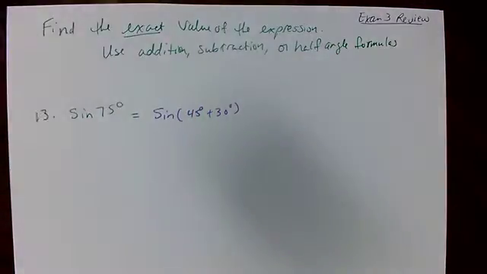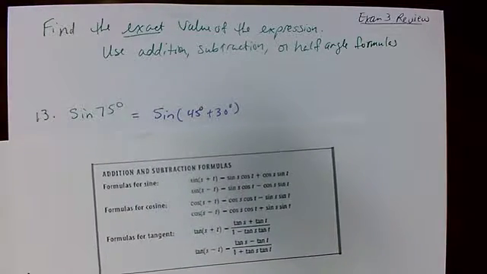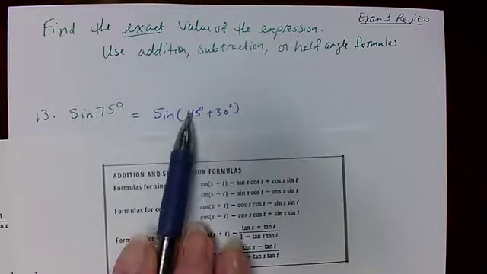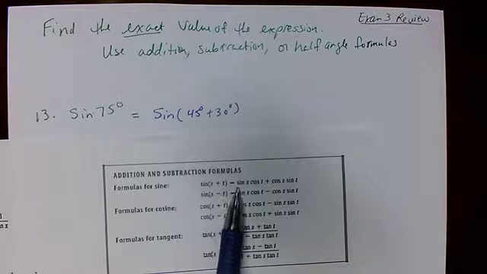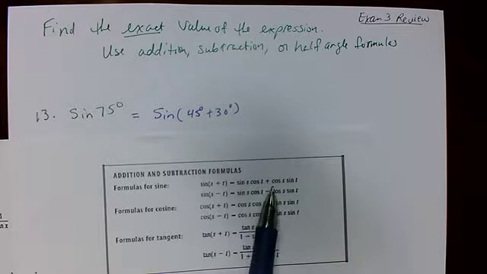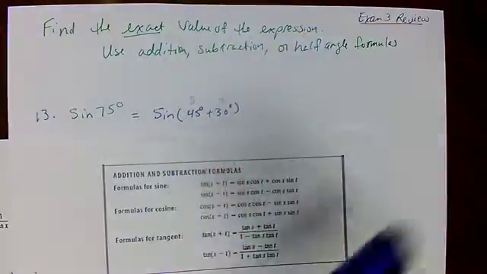Using the addition and subtraction formulas, we look at matching. We've got the sine with addition, so we're looking at the sine of the addition. So sine of s plus t will equal sine s cosine t plus cosine s sine t. Well, this 45 degrees will be our s, and 30 degrees will be our t.